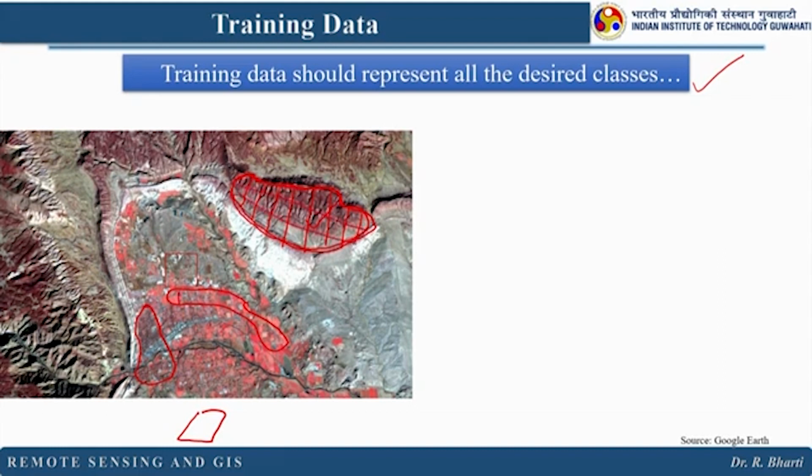For vegetation also the same thing will happen, for urban also we will do the same thing. So, you will have 3 training data sets for, let us say, rock, forest or vegetation, and then urban area, right. So, once you have that, then it is good.